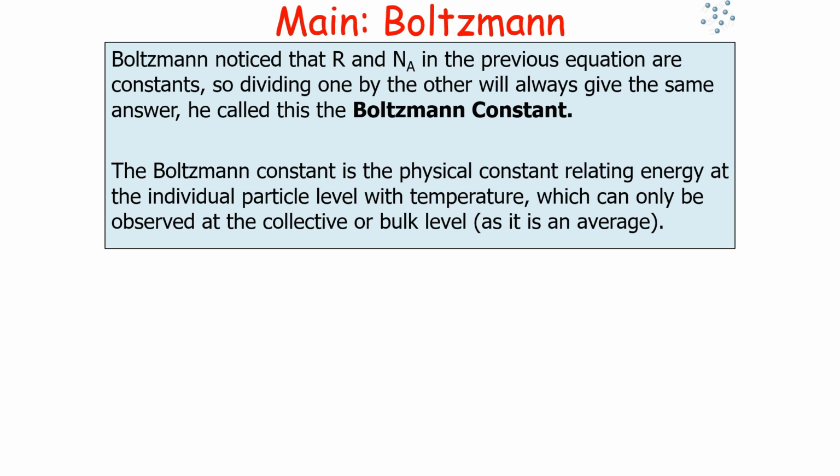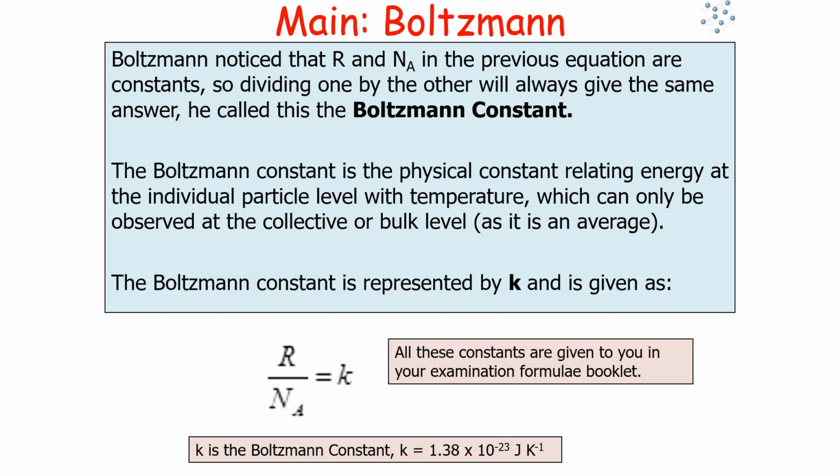Now the Boltzmann constant is the physical constant relating energy at the individual particle level with temperature, but it's important to note we can only ever work this out at a collective or bulk level because it's a statistical value, it's an average value. Now we represent the Boltzmann constant with the symbol K, and we can work it out by saying K, the Boltzmann constant, is equal to R, the molar gas constant, over Na, Avogadro's constant.